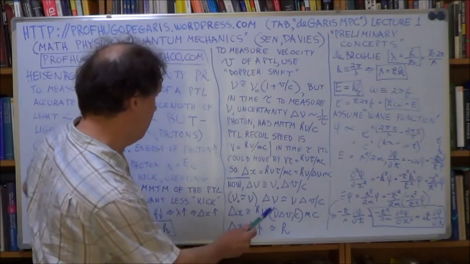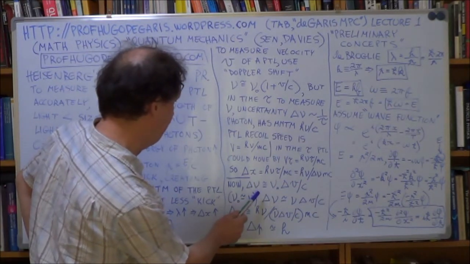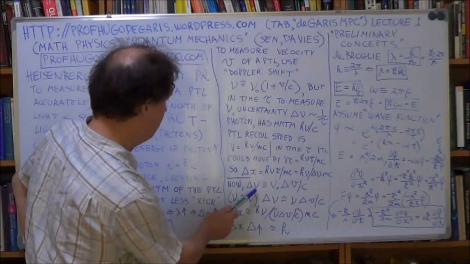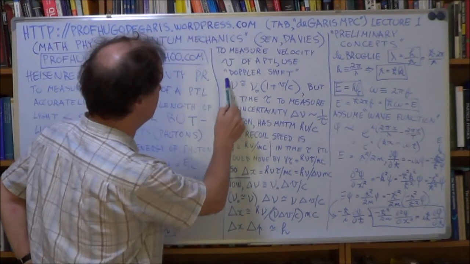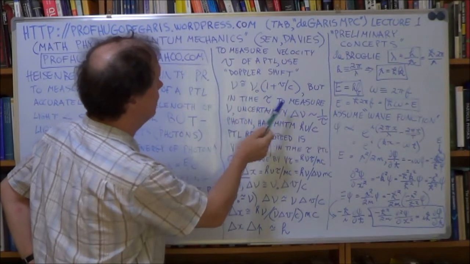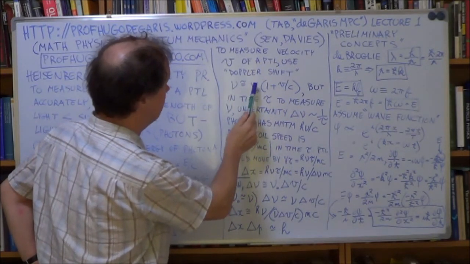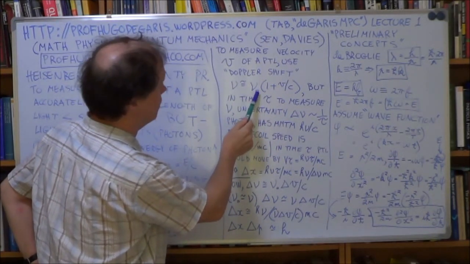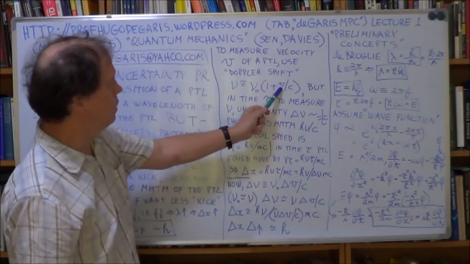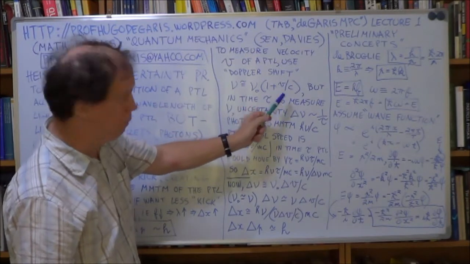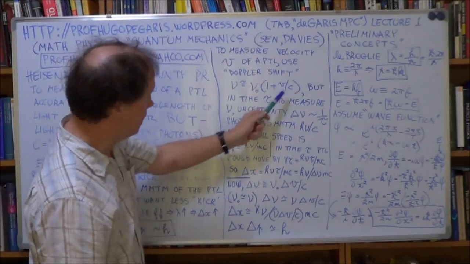All right. So if we want to find the uncertainty in this frequency, put a delta here and delta on both sides, and you'll get this frequency sub-zero, delta v, and v now is the velocity of your particle, remember, little v, divided by c.